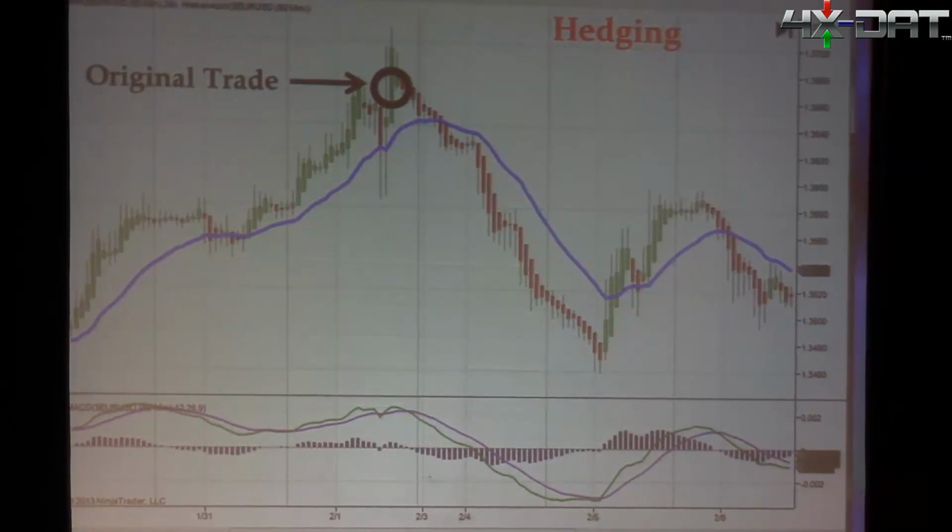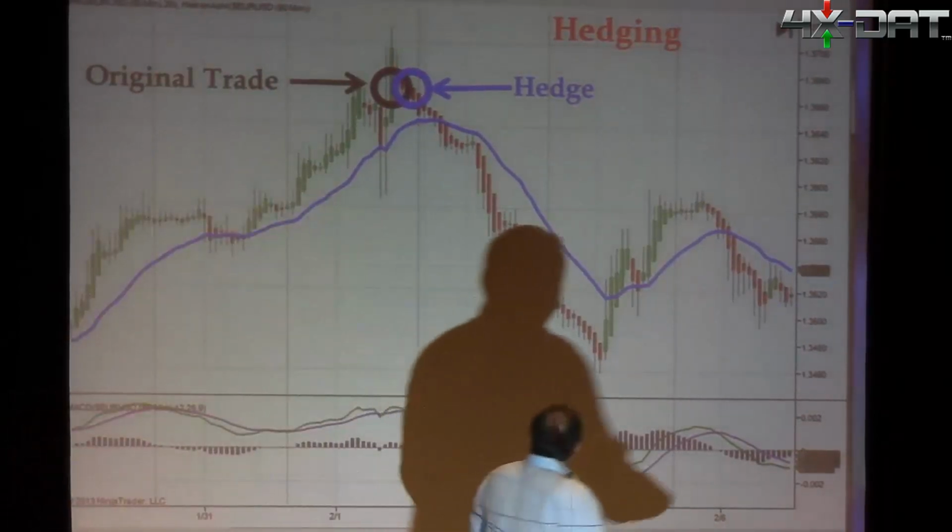The trade is open. Trend reverses on the short-term trend chart. We enter a hedge after the first red bar. Now, let me just assume some pricing.